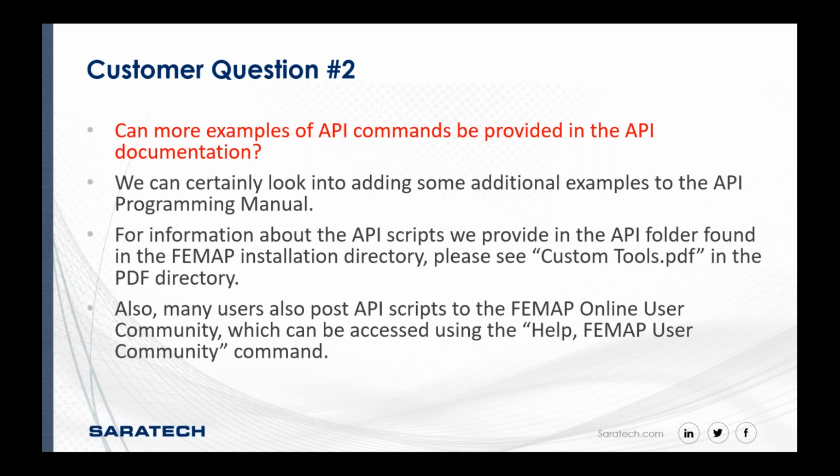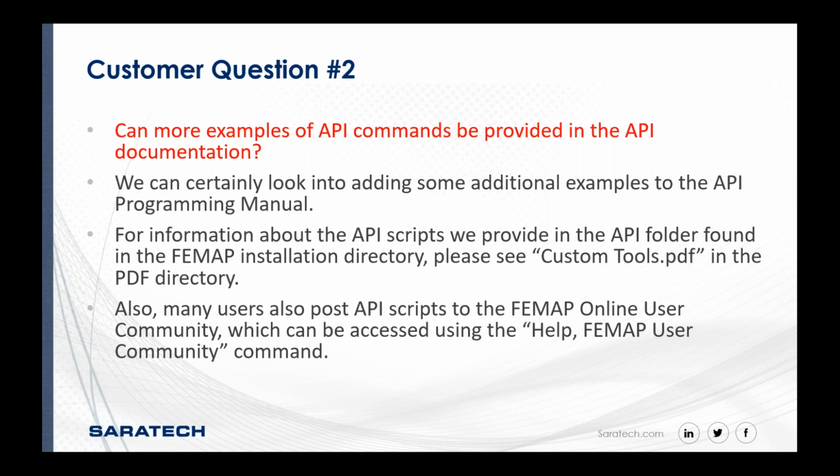The other thing we include is an API folder that we install. You're going to find it in the FEMAP installation directory, and it contains a number of pre-written API scripts, and we have those all documented in a file called customtools.pdf. That's in the PDF directory, also in your FEMAP installation directory.